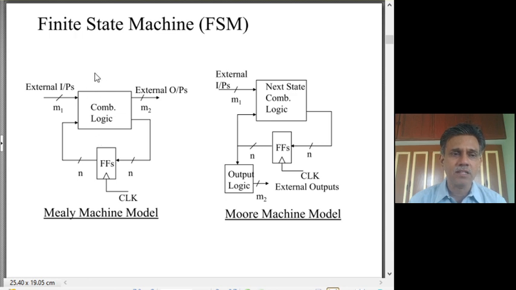So this combinational circuit takes M1 plus n inputs and produces M2 plus n functions of these inputs. The same holds good here, but the only thing is that M2 is purely a function of n, whereas the next state n functions are based on M1 plus n input signals.